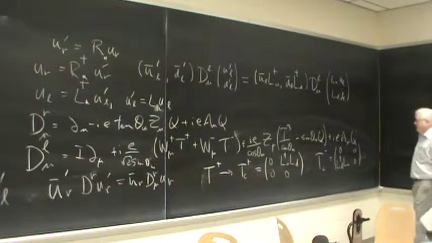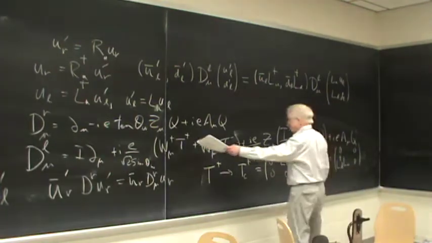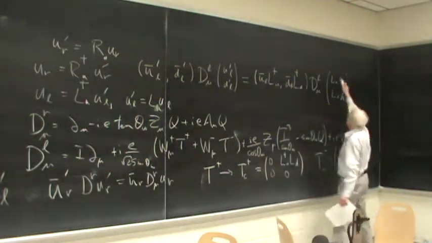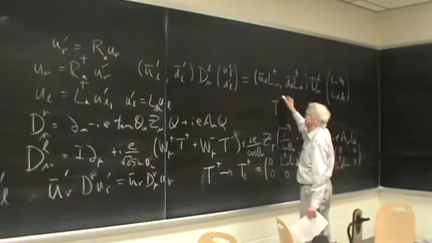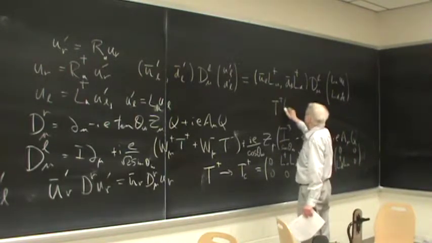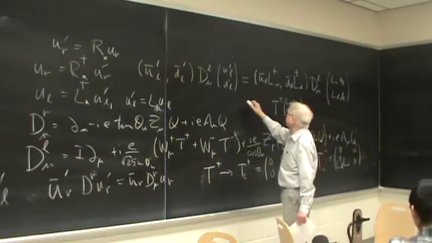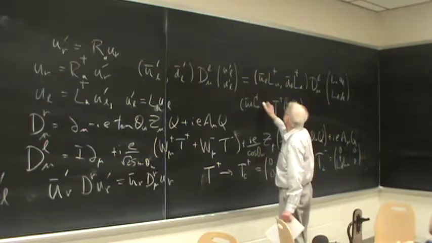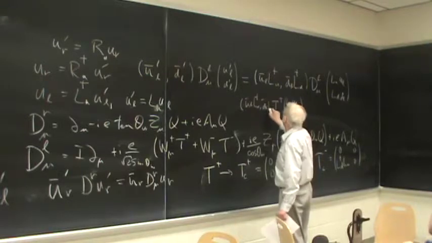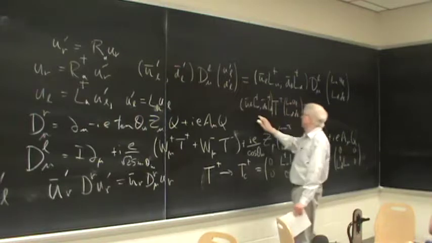And the way this comes about, of course, is that the T plus acts on this doublet, and so you get, maybe I should write it out, T plus acting on LU, UL, LD, DL, U bar L, L dagger U, D bar L, L dagger D. Okay.